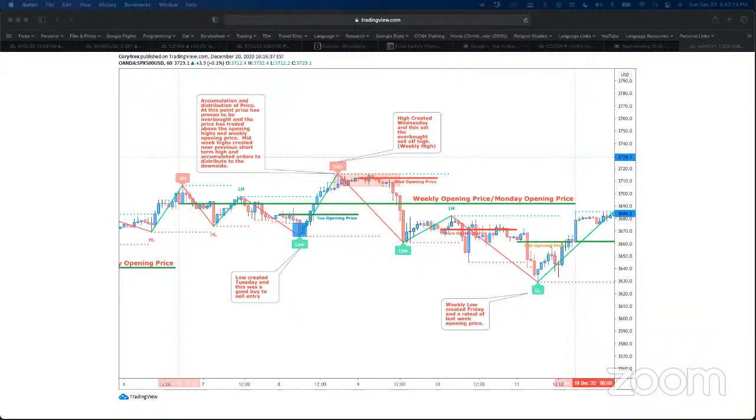Essentially, I'm not gonna say it's arbitrary, but you can just go from the opening, draw a horizontal line, and then go from there, right? From the opening of the day, from the Sunday opening week. My problem is gonna be that gap now, though.